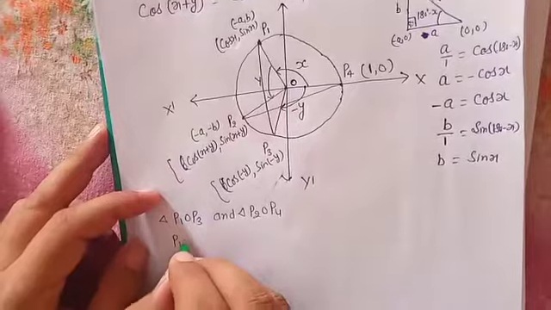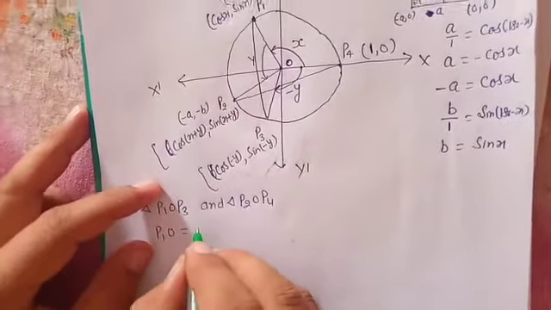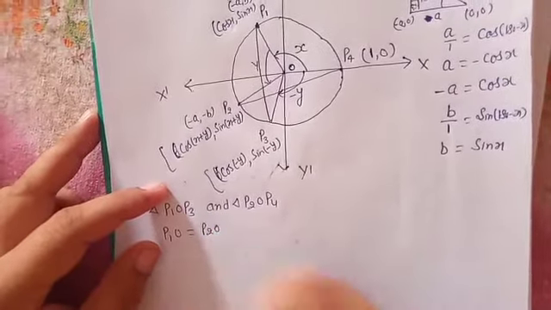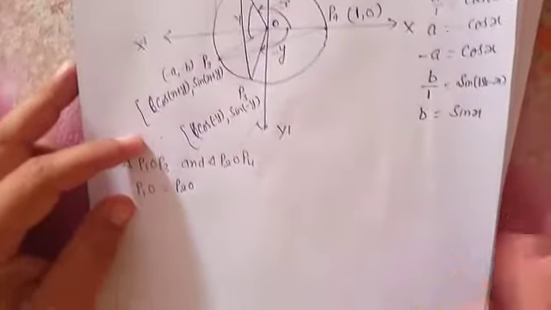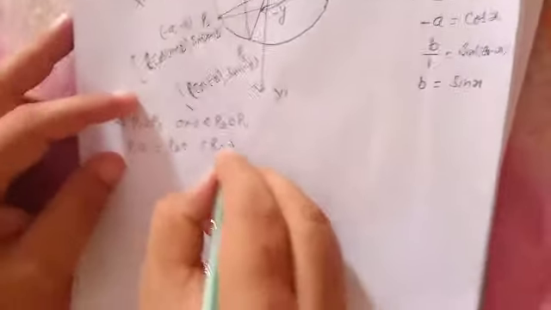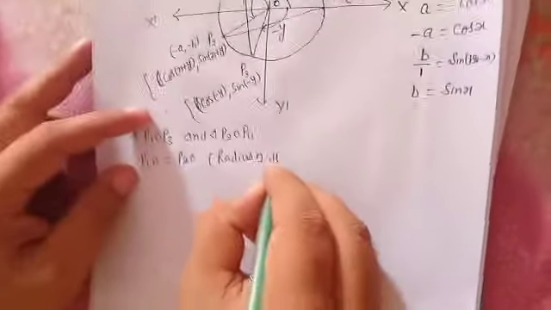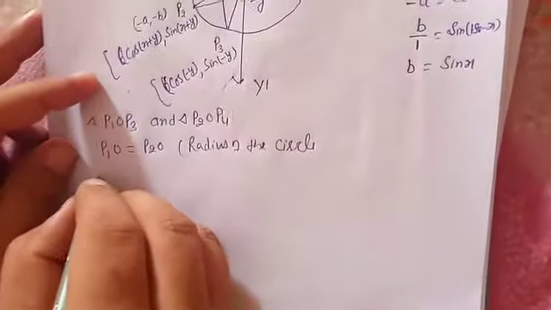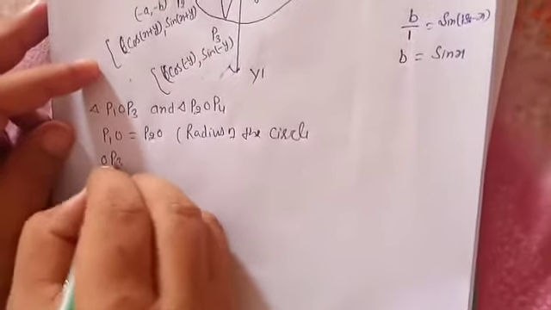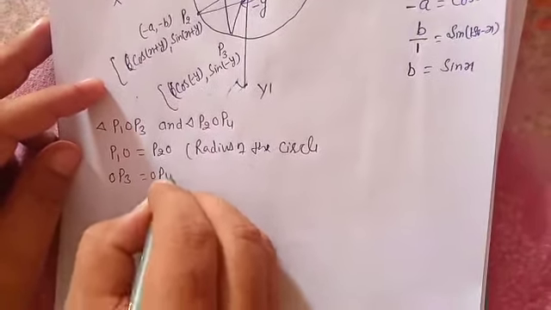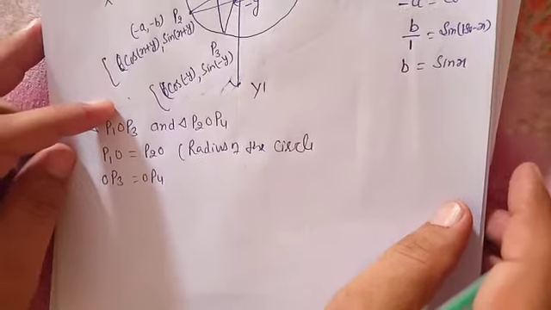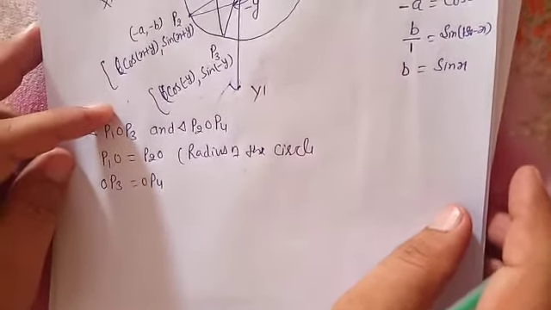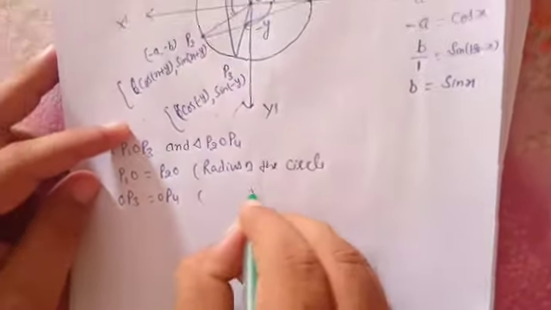You know P1O is equal to P2O, radius of the circle. OP3 is equal to OP4. Again what? Radius of the circle. Same reason.